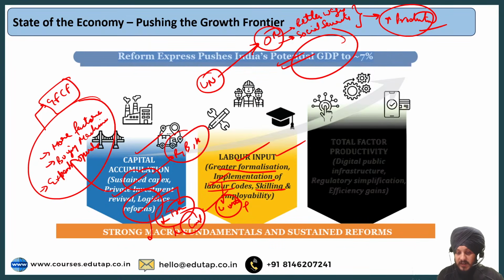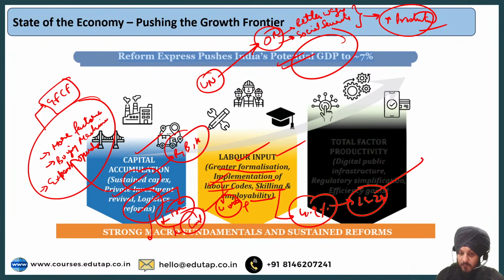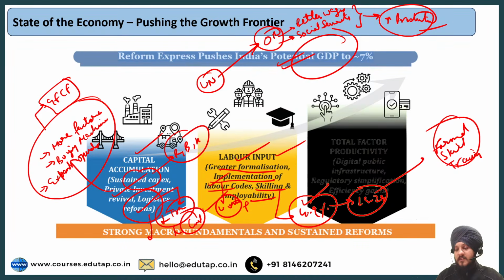Then the third is regarding skilling and employability. You will be surprised to know that only 4.9% of the youth aged between 15 to 29 have formal skill training. So this indicates the huge mismatch that is there with respect to skill development.